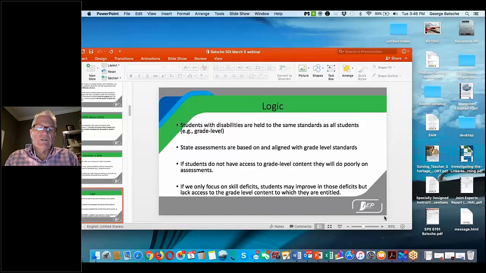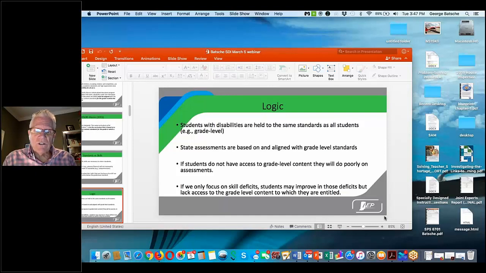And the logic here is this. Look, students with disabilities are held to the same standards as all students. State assessments are based on those grade level standards. And if students don't have access to the content, they're going to do poorly on the assessments, which we know in Indiana and virtually all the other states that share CSI and TSI schools are greatly affected by the fact that students with disabilities are not attaining grade level proficiency.